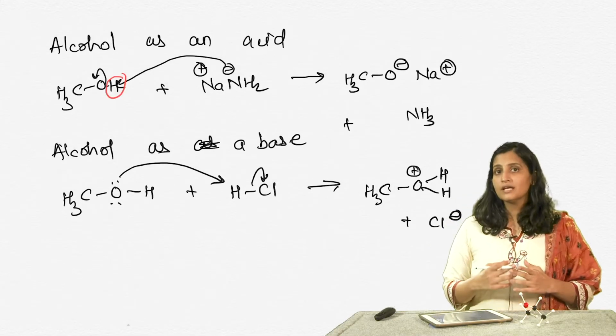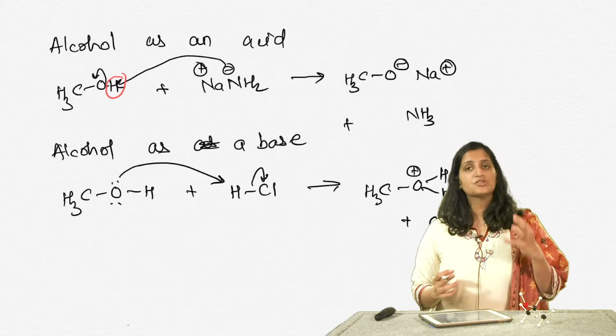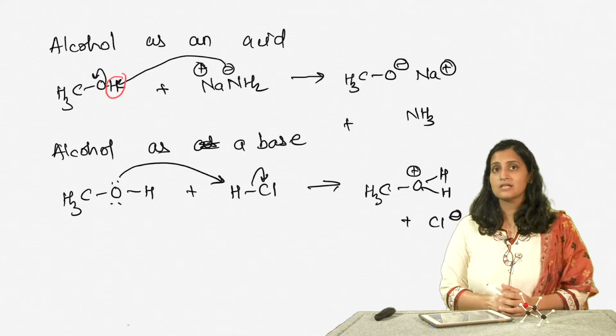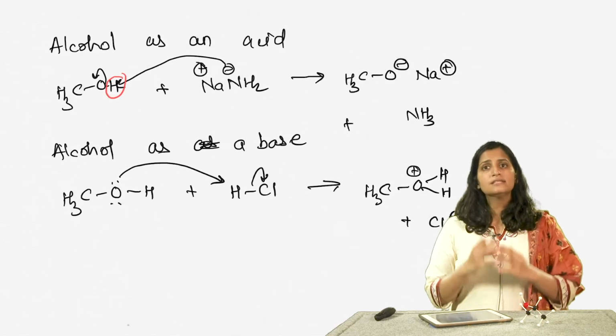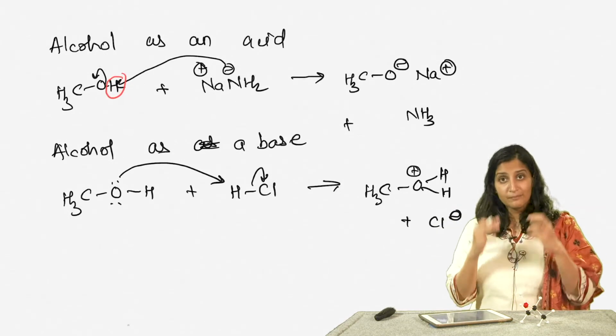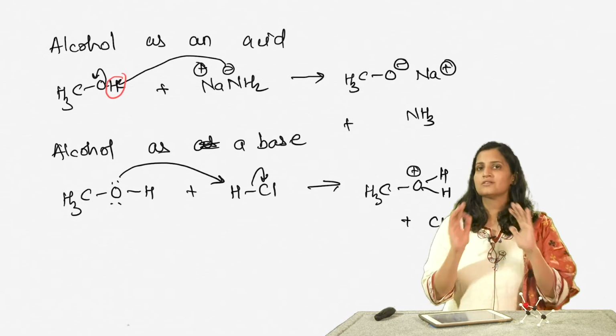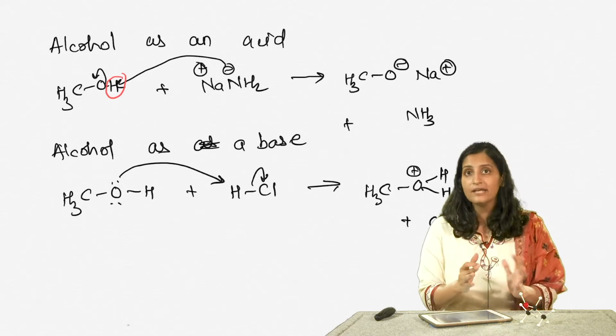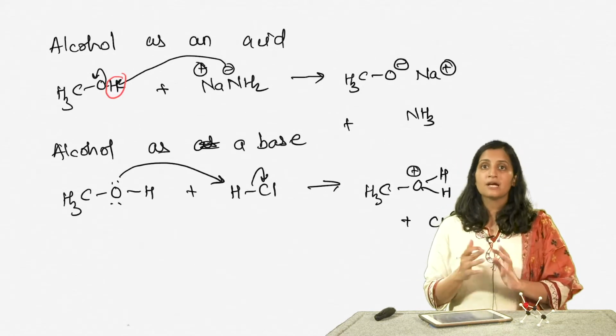Another important thing to remember when it comes to the general reactivity of alcohols is that the OH in itself is a very bad leaving group. Okay. One thing that you can really remember is OH is a very bad leaving group. It will not leave on its own in a chemical reaction.